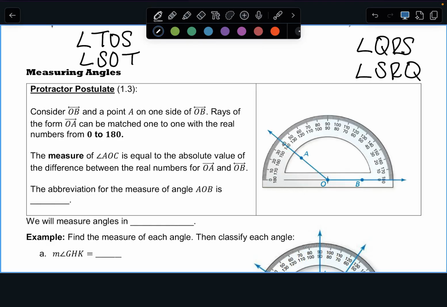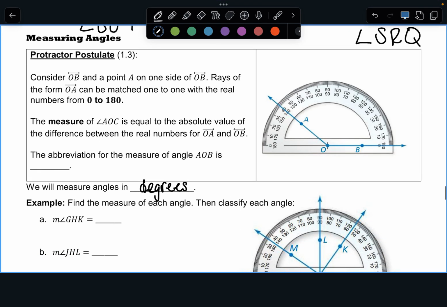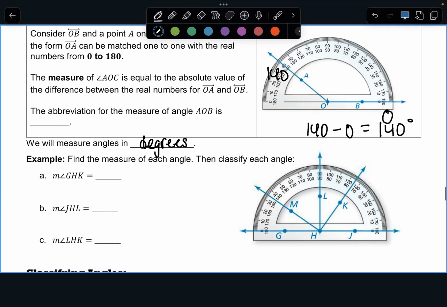What's 140 minus 0? 140. This is a 140 degree angle. We measure angles in degrees. So what we did here is we said 0, 140, we subtracted them, and this angle was 140 degrees.